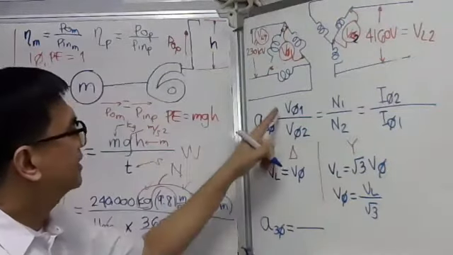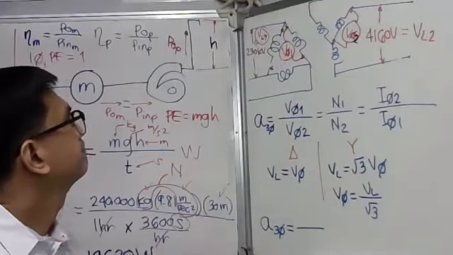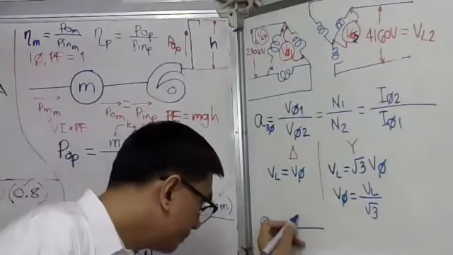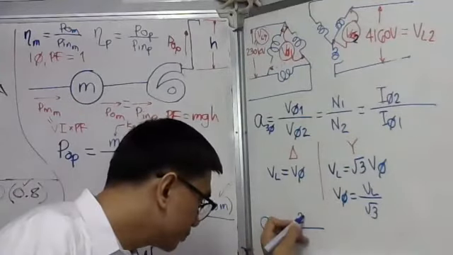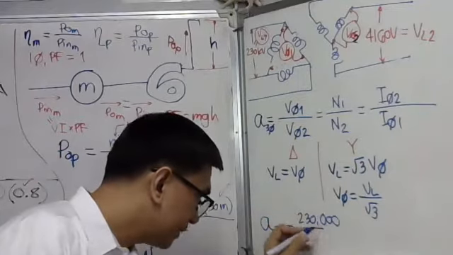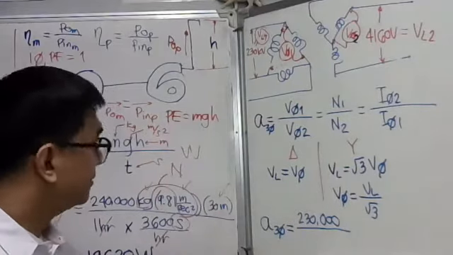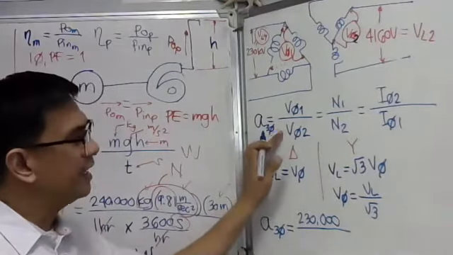What is the V phase primary? 230 kV, where k means 1,000, divided by the V phase secondary according to the formula.